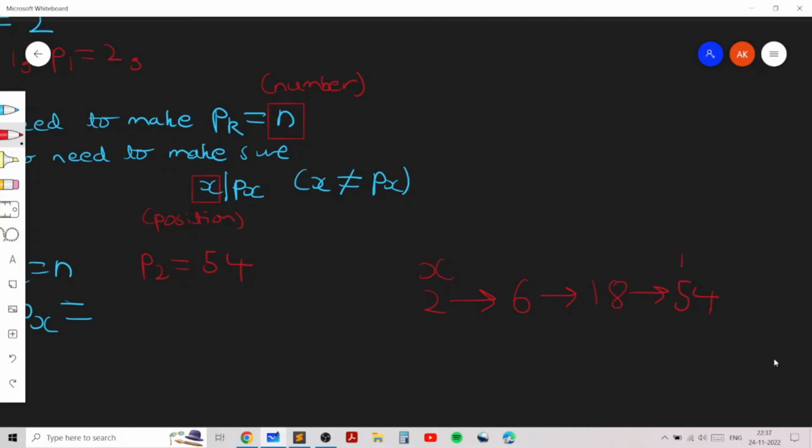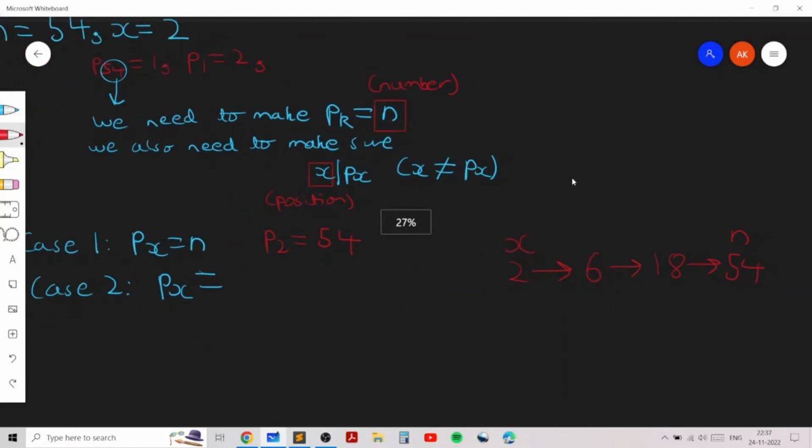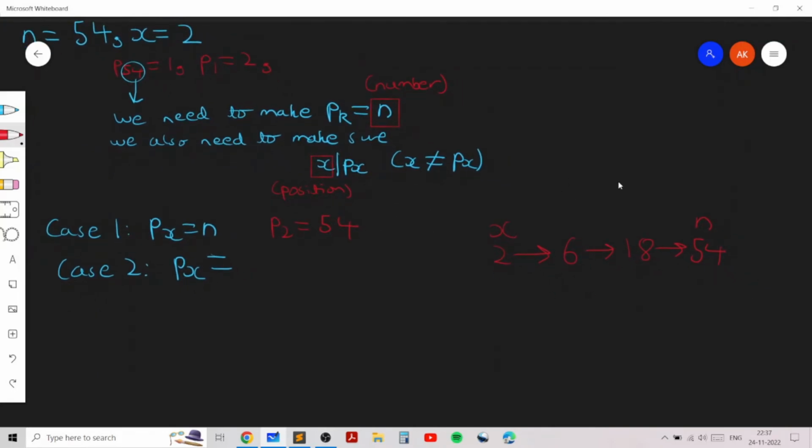And this representation, going from x to n, helps us, because one possibility is just letting these two positions be the same, but the optimal possibility is in which you set P of 2 to be equal to 6, P of 6 to be equal to 18, P of 18 to be equal to 54, and this is the optimal and lexicographically minimal permutation, because you can see that P of 2 is minimized.